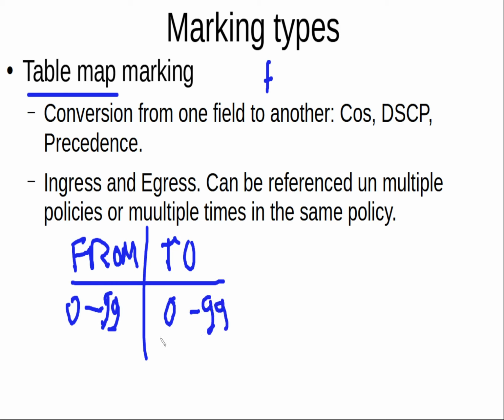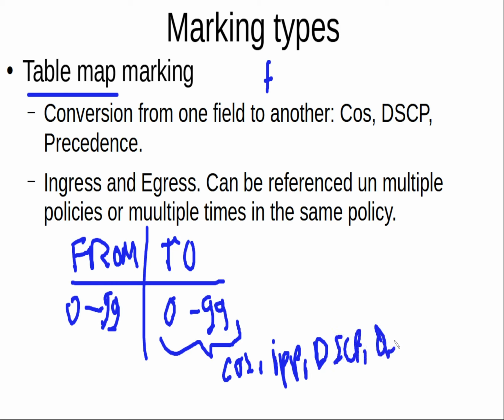This is enough space to reference COS values, IP precedence values, DSCP values, and quality of service group values. Remember that COS goes from 0 to 7 maximum, IP precedence goes from 0 to 7, DSCP goes from 0 to 63, and so on. So 0 to 99 is enough.